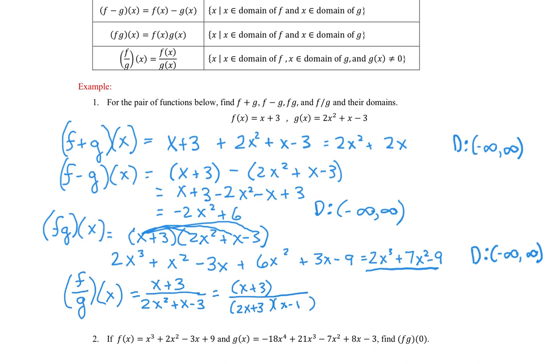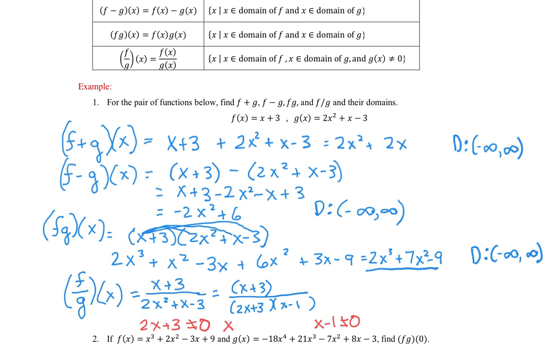Now, let's be careful and figure out what our domain is. We cannot have 0 in our denominator, so we have to be careful that whatever makes 2x plus 3 equal to 0 is not part of our domain. We also have to be sure that the answer to x minus 1 equal to 0 can't be part of our domain.